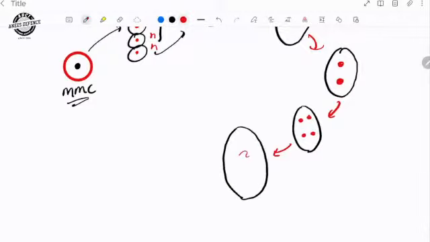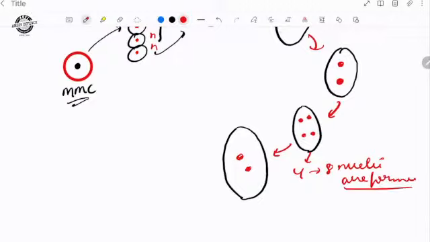From 4, 8 nuclei are going to be formed. After that, this type of structure you are going to observe. 3, 1, 2, 3, 1, 2, 3.